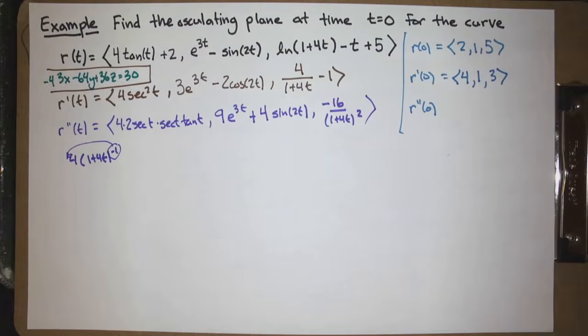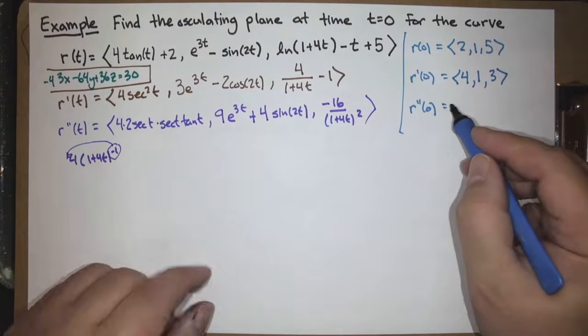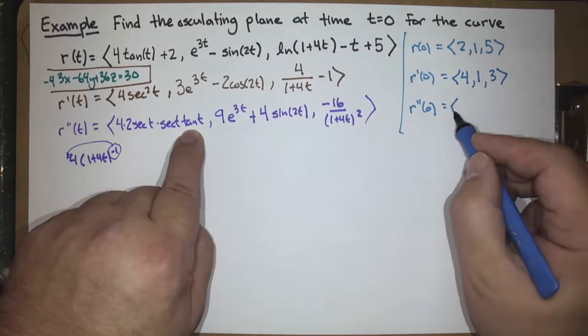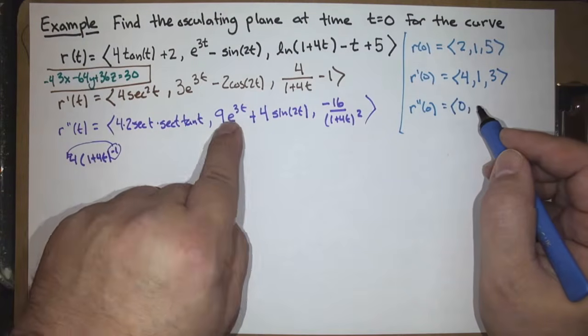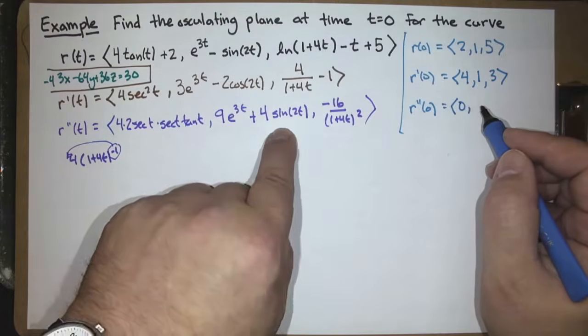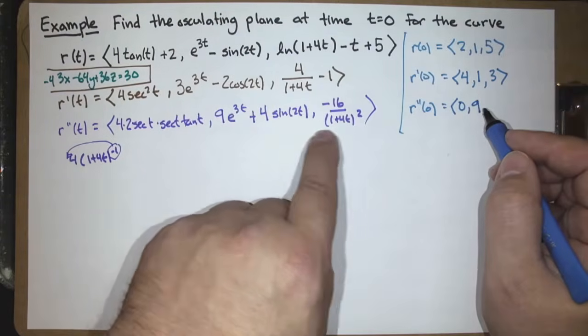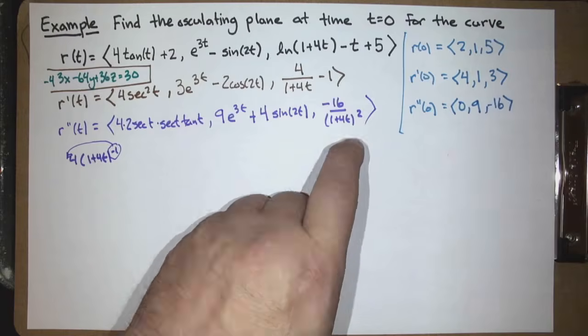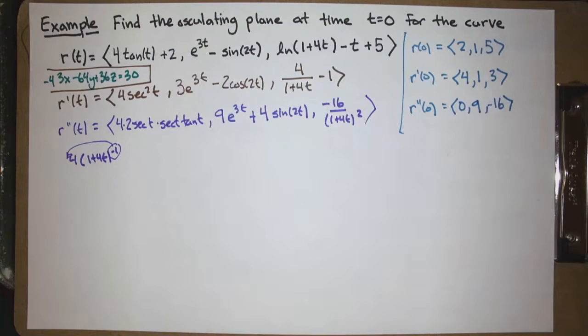R double prime of 0. We get a bunch of stuff, but tangent of 0 is 0, so that makes the whole first entry 0. 9 plus 0 is 9. And minus 16 over 1 is minus 16. Okay, so that's that.